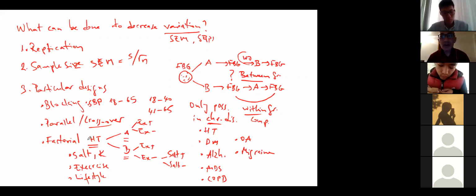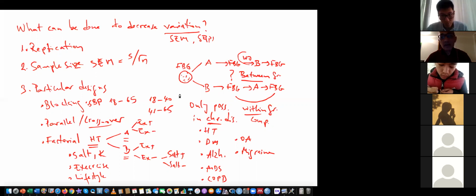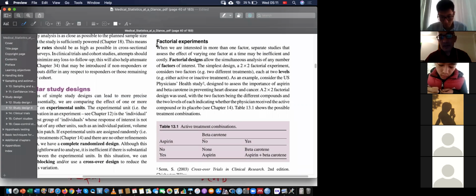The question in life is not that easy to answer. Usually there is more than one factor affecting the outcome. Therefore, in medical research, we prefer to have factorial experiments.